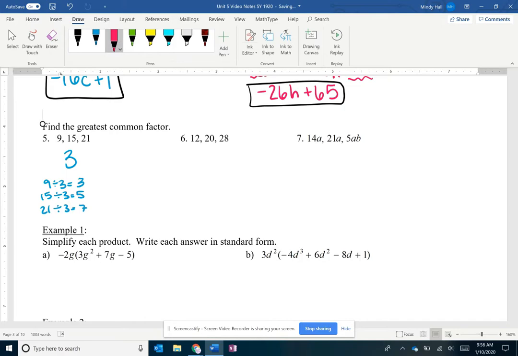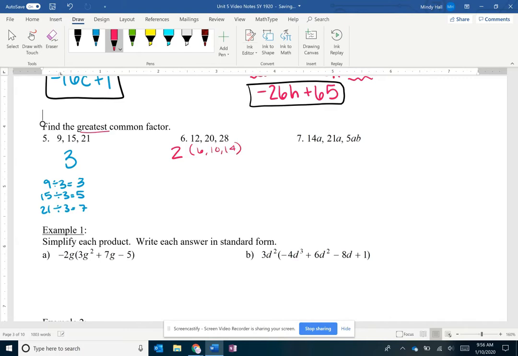So whenever we're doing a greatest common factor, it needs to be whole numbers left over after you divide it out. So then for number 6, we have 12, 20, and 28. Again, we are looking for a greatest common factor. So if you just say, oh, 2's good, 2 goes into all of them, then you're actually technically not right, because if we were to divide by 2, that would leave a 6, a 10, and a 14.